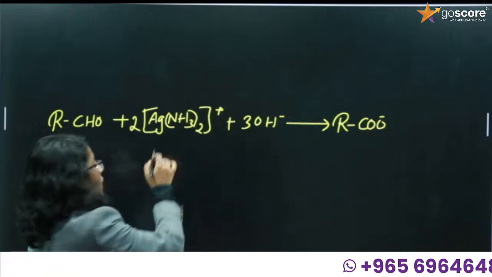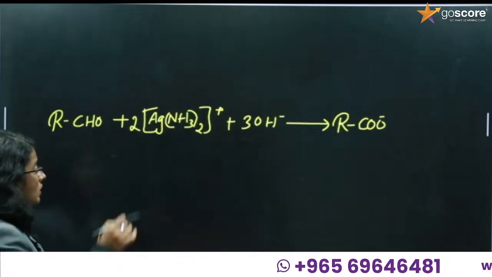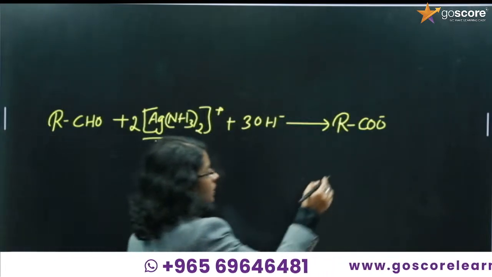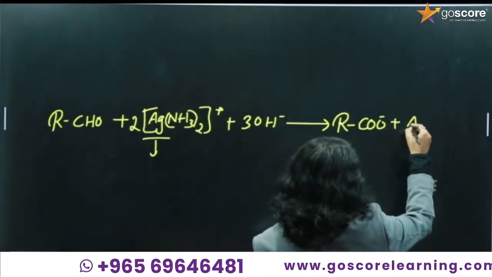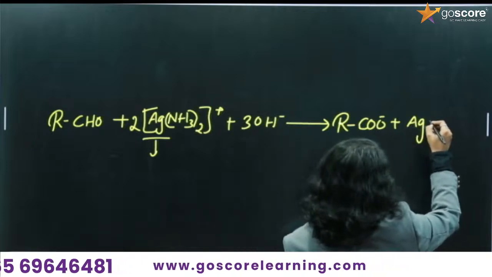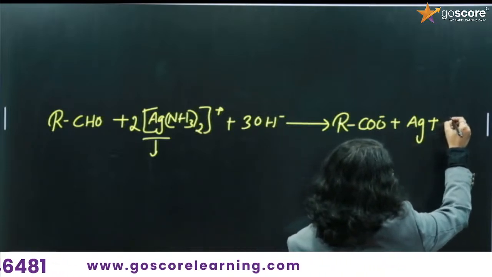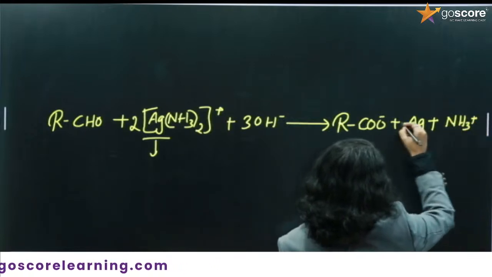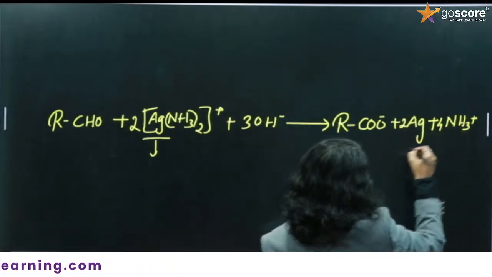Here the silver undergoes self-reduction to form Ag, plus ammonia.